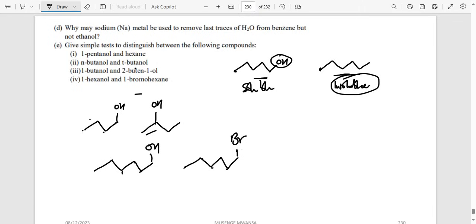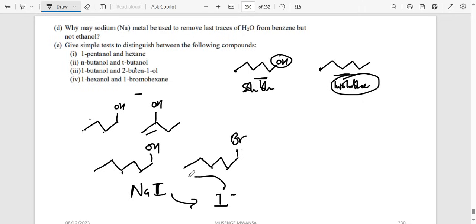Okay. So now if you look at the other one, an alcohol with Br, when you react it with sodium iodide, let's say, you are basically going to have iodide like that. The iodide will act as a nucleophile.